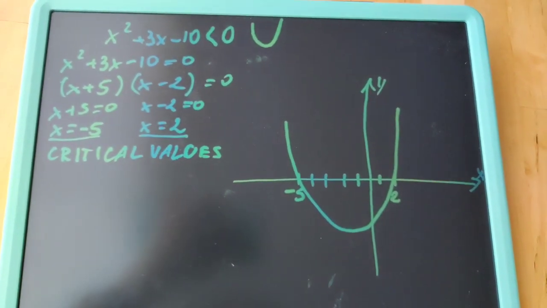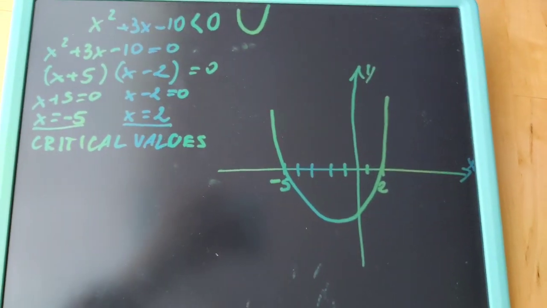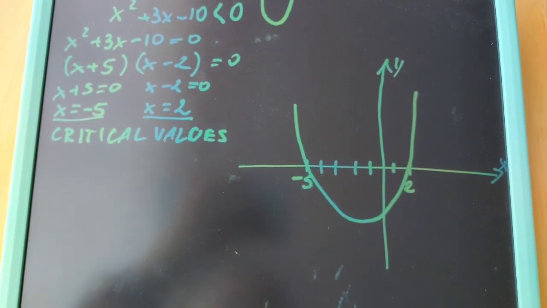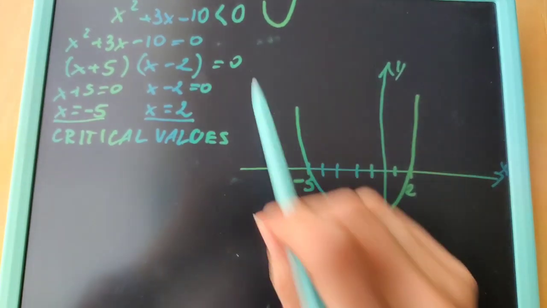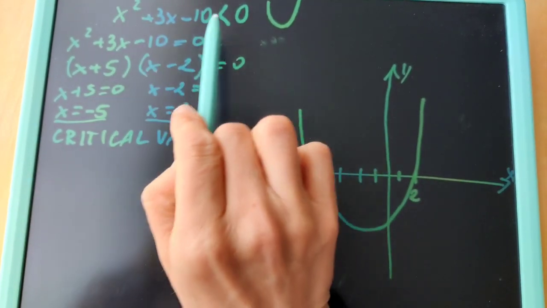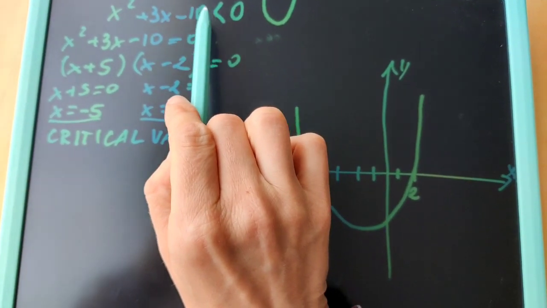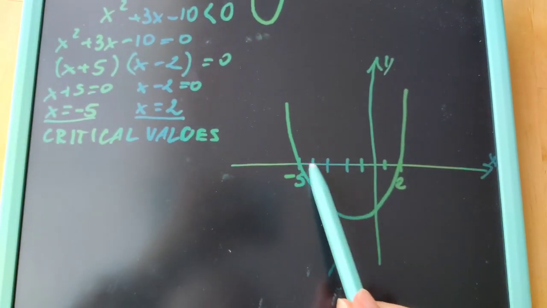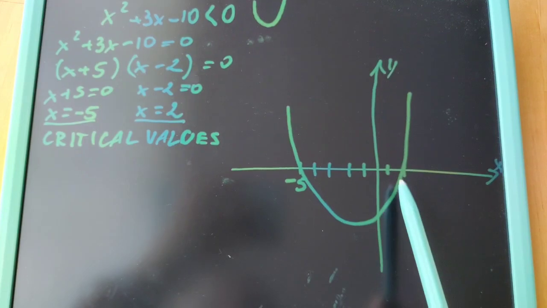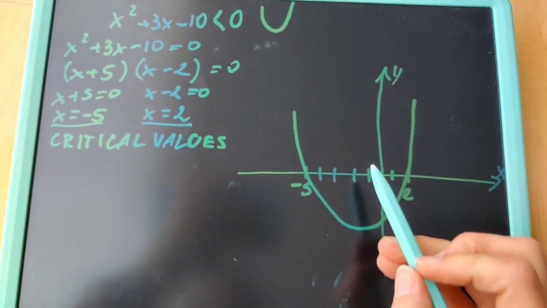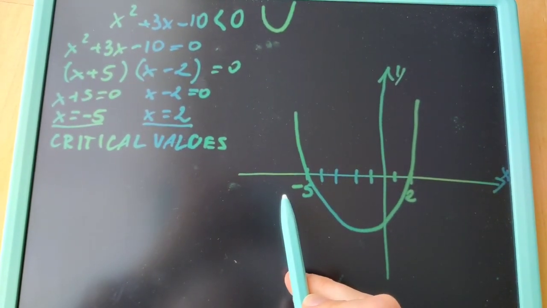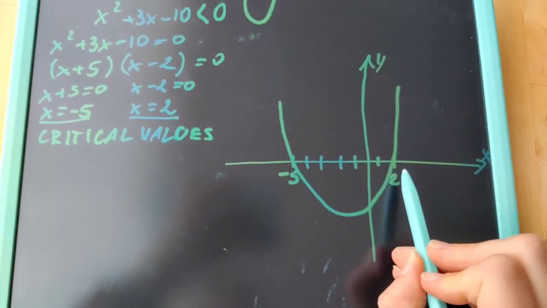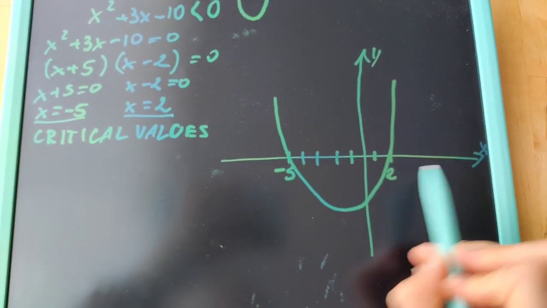Now we want to see where our x values are going to be. We know that our polynomial will be looking at values less than 0. That means it will be below the x-axis. But we still want to know whether it's less than -5, between -5 and 2, or greater than 2.